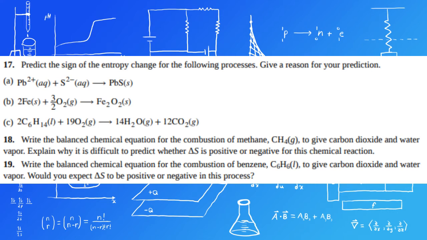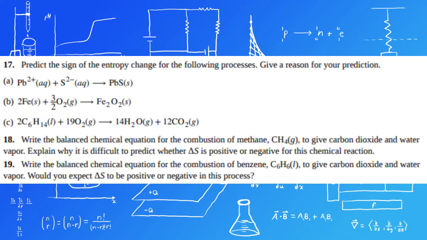Part B, you've got a solid and a gas turning into just a solid. Well, if you're losing gas, that's a significant decrease in entropy. So for B, delta S is going to be negative. For C, you've got liquid and gas on the left and gas on the right.